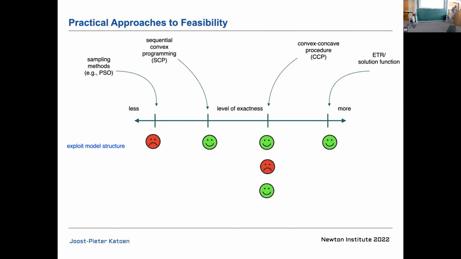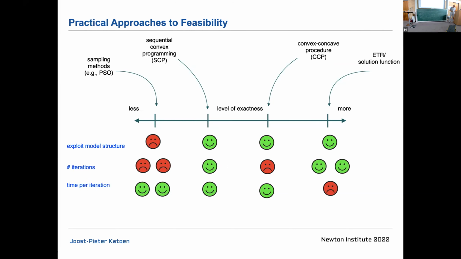Good. Okay, I think I have to wrap up. So if you compare the different approaches, you can do simulation, but that doesn't exploit the model structure. Here you exploit the model structure, because that was my nonlinear iteration system I started off with. And with the exact approach, of course, you also do that. If you look at the number of iterations, you basically are here.